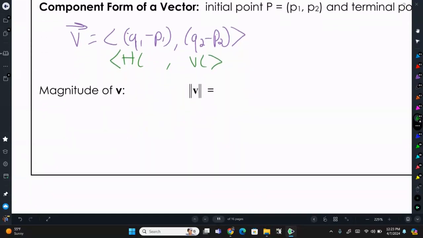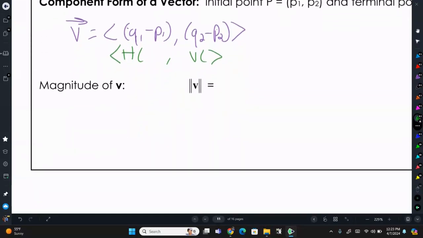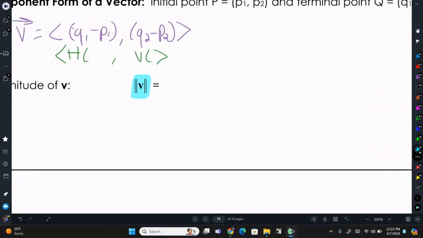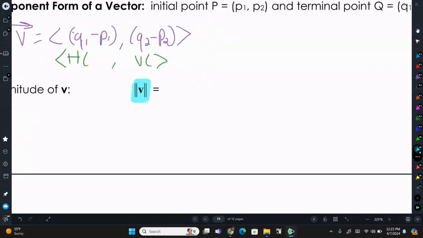Now the magnitude or length of our vector, we use this symbol to notate magnitude, like two absolute value bars. And we use the distance formula. Well, in the distance formula, you have your x2 minus x1 squared and all that stuff. But if you have your vector in component form, you've already done the subtraction parts right here.